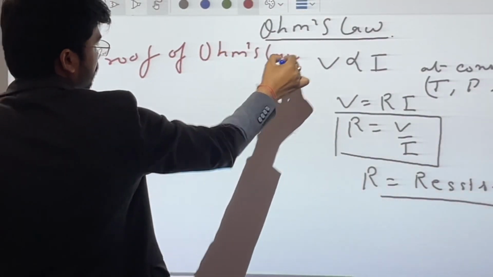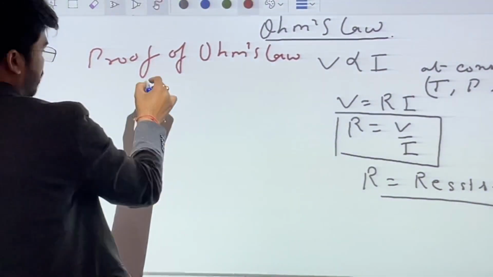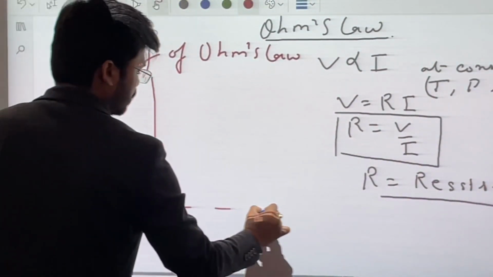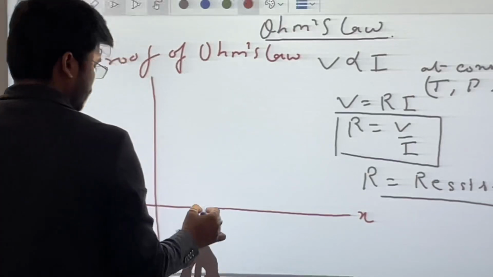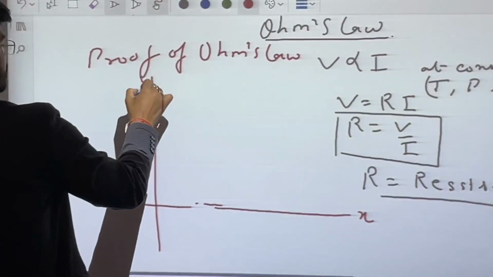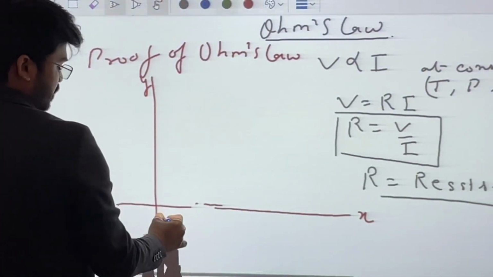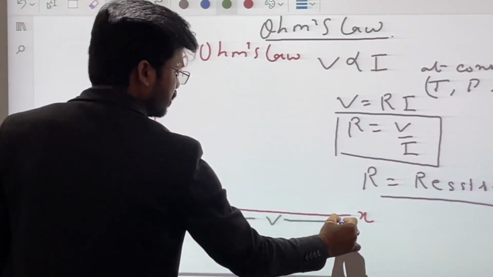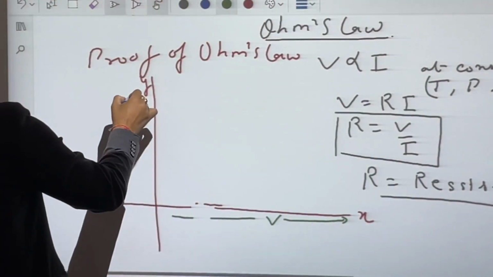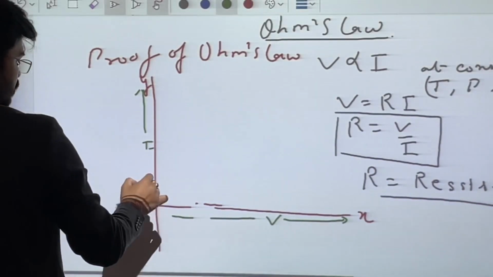Ohm's law. So let us consider an x-axis and y-axis. X-axis for electric potential and y-axis for current.